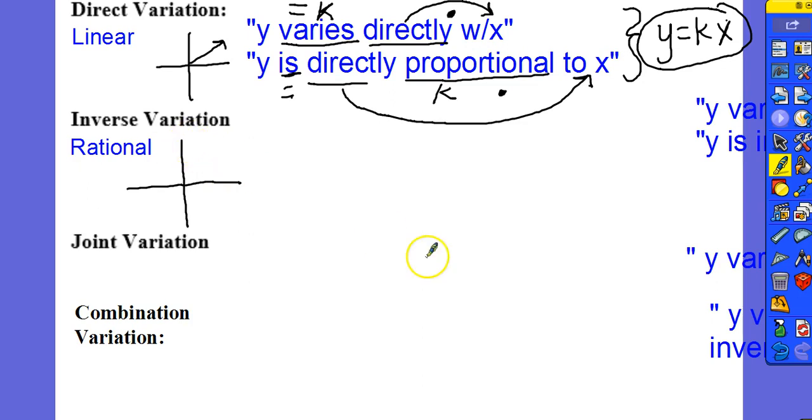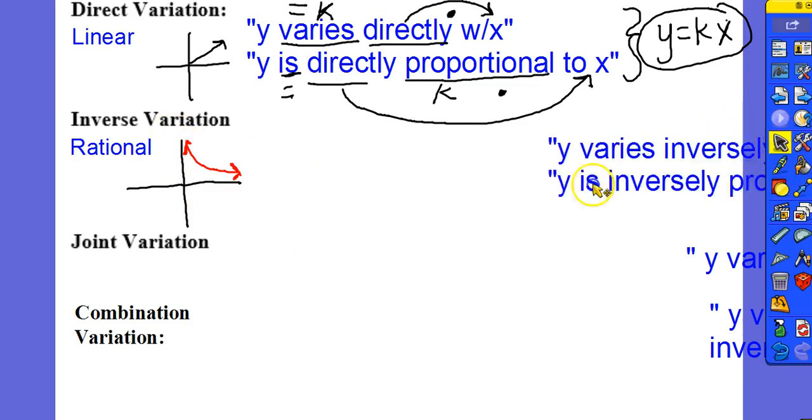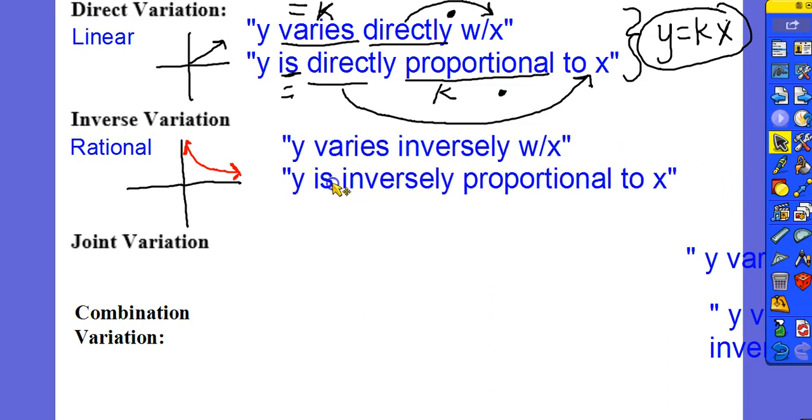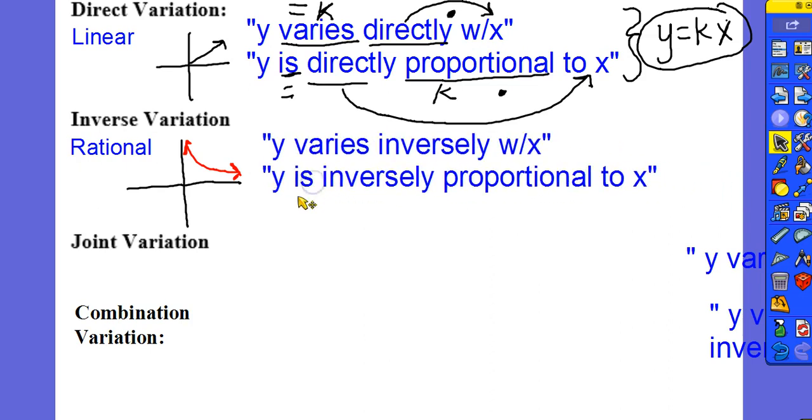So it'll graph a curve that will approach your x-axis and y-axis, but won't ever reach them. So it graphs like that. Again, that's important to what you're doing on Monday. And then here are two terms, very, very similar to the other two phrases.